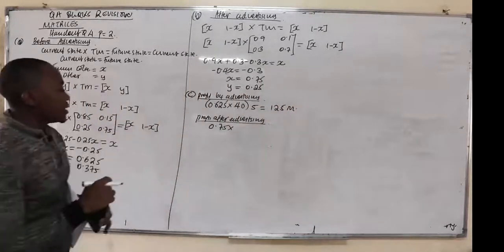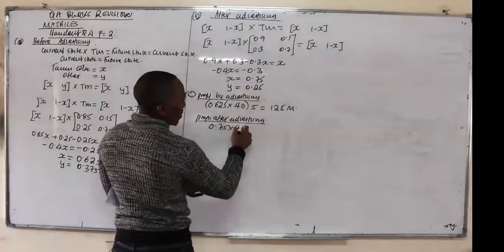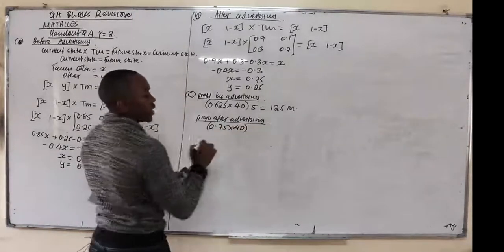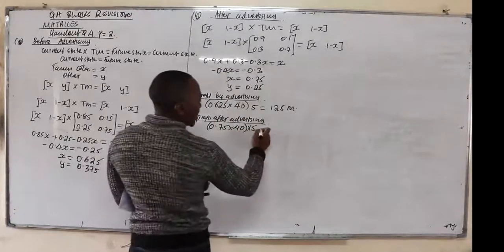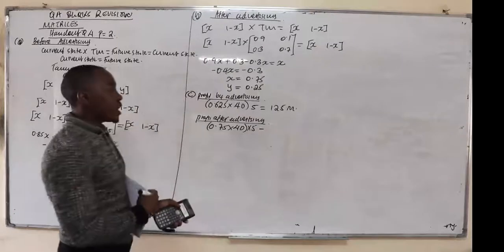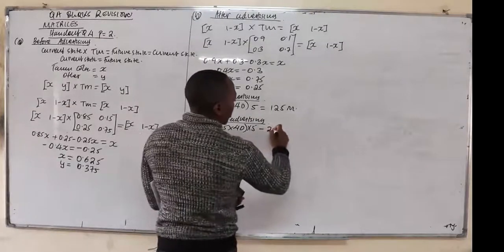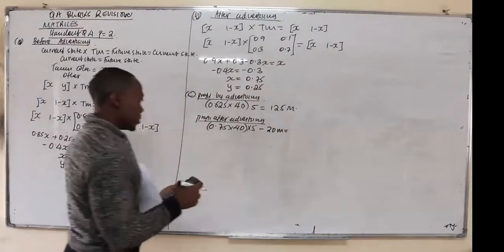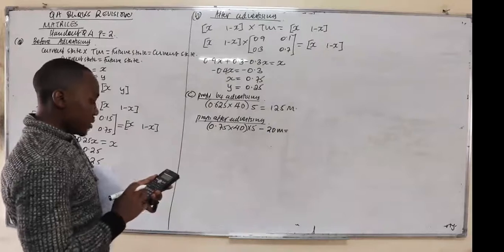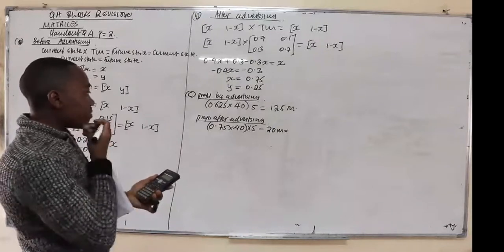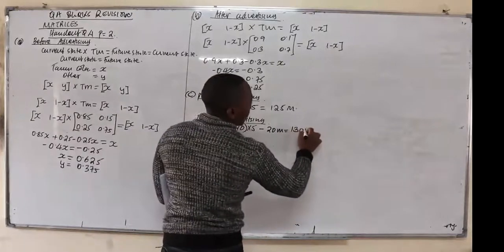After the advertisement, the proportion has risen to 0.75. You multiply by 40, you multiply by the profit per client, then you deduct the cost we have to incur to advertise. A cost of how much? 20 million. So 0.75, you multiply by the number of customers, then the profit per customer, and you'll get 130.